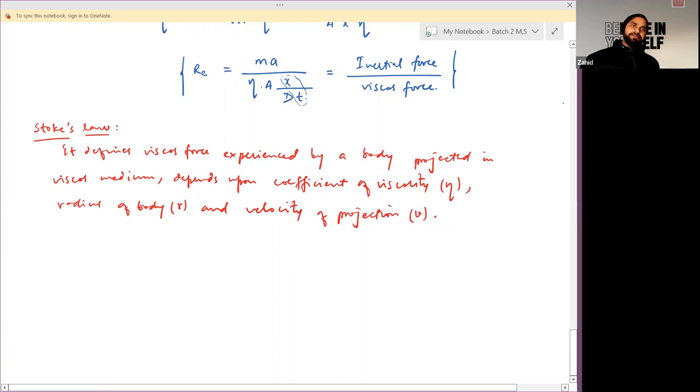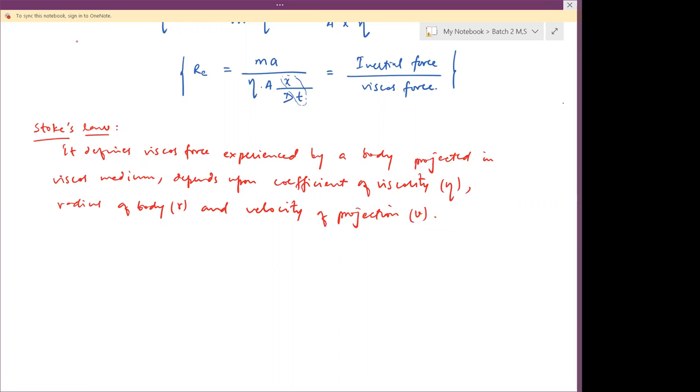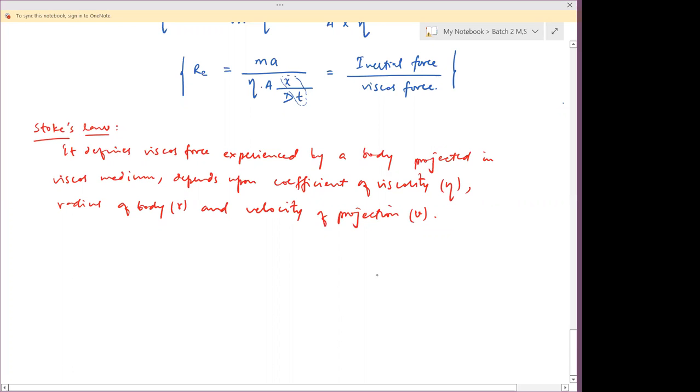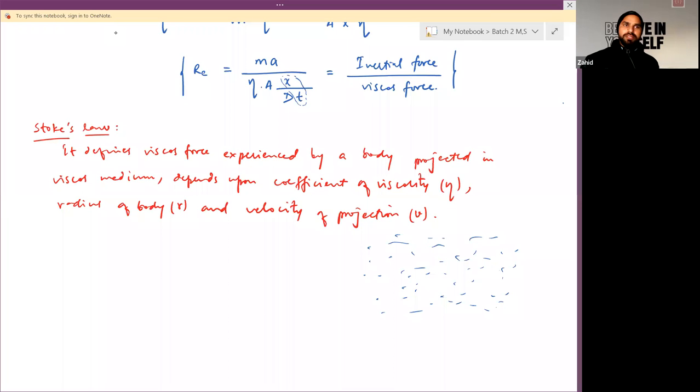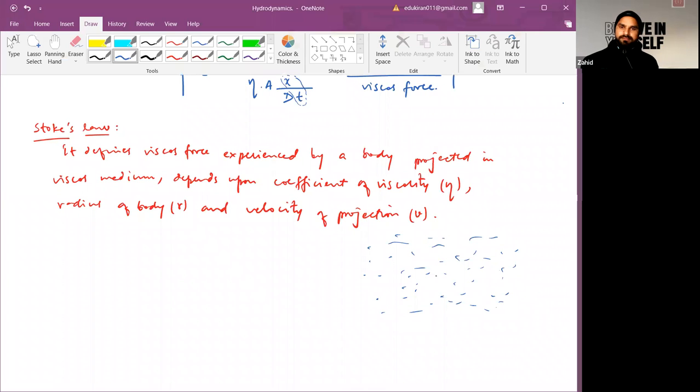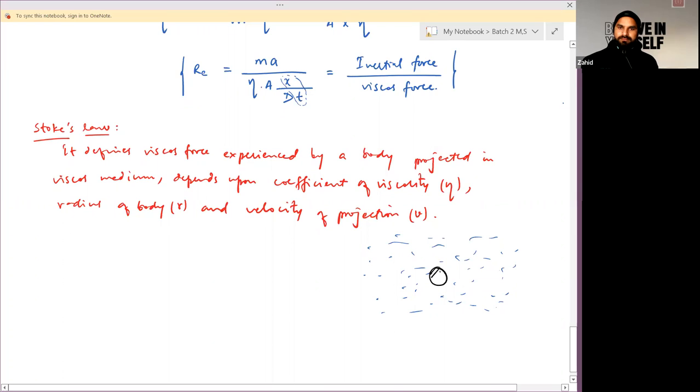Shravya, any doubt? No, sir. So just consider there is a viscous medium in which a body having radius r is projected at velocity v. There will be an opposing force on it, which is called viscous force.